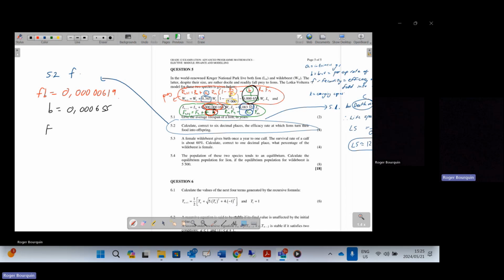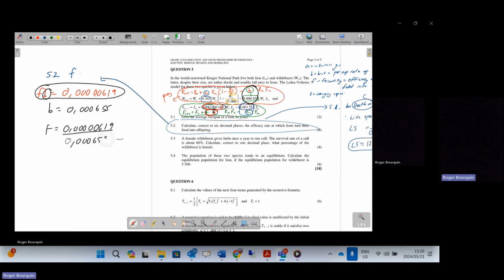So F is going to be equal to, use that bit of information over there, divide by B, we get F is equal to 0.0169 divided by B, which is 0.000655.